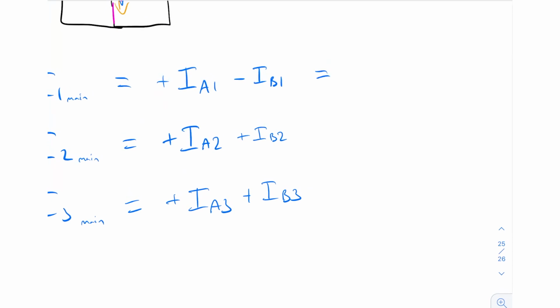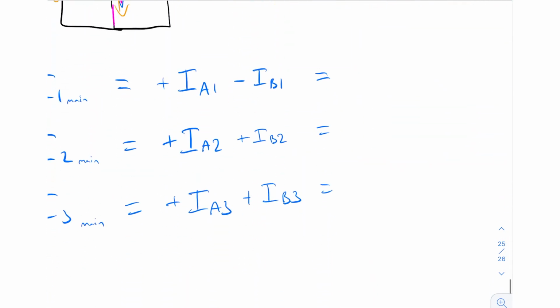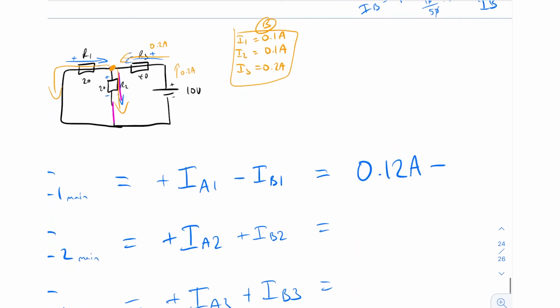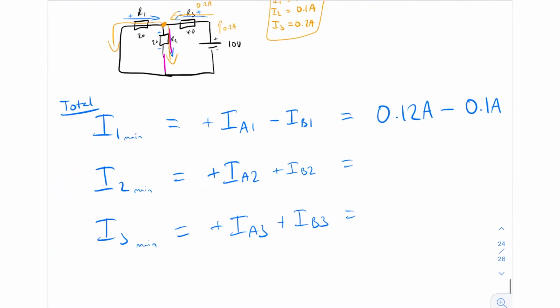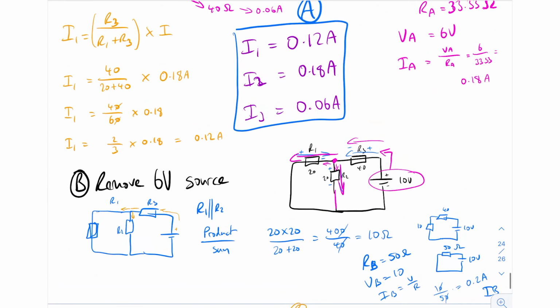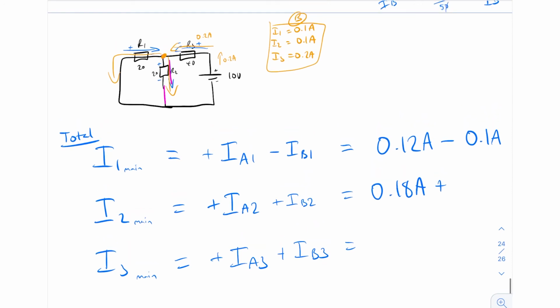So now we can just substitute in those values. IA1 was 0.12 minus IB1, which was 0.1. And then IA2 was 0.18 amps, and we're saying plus 0.1 over here.